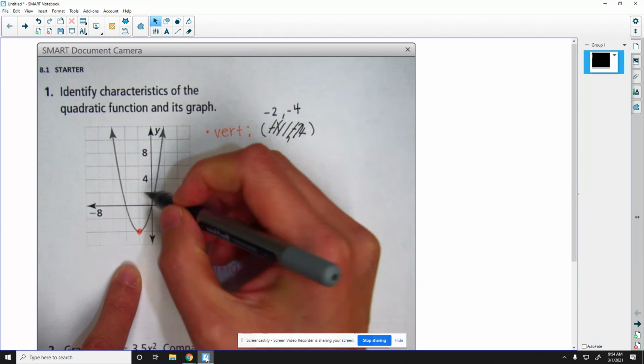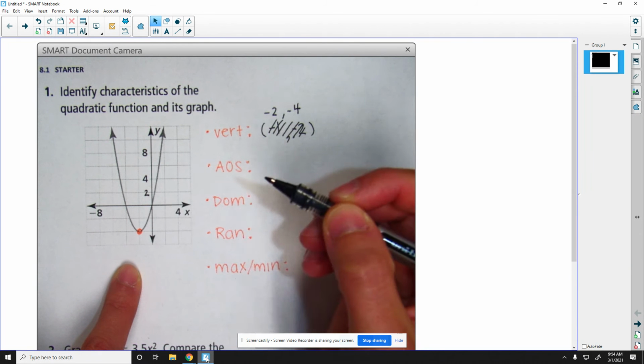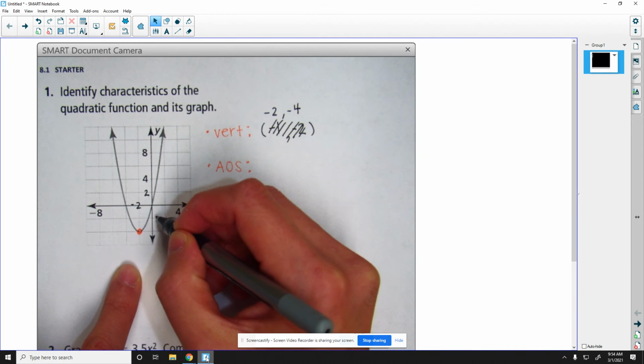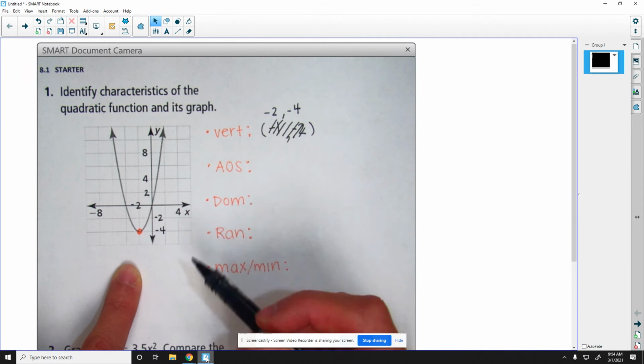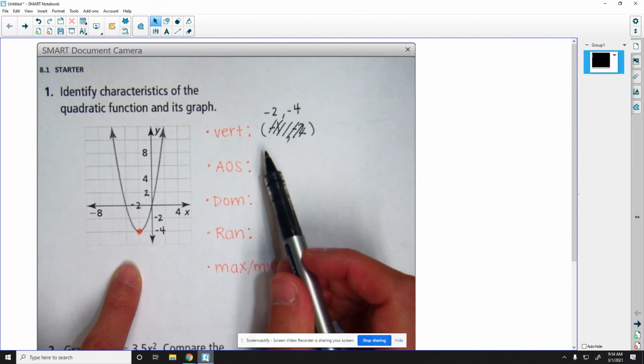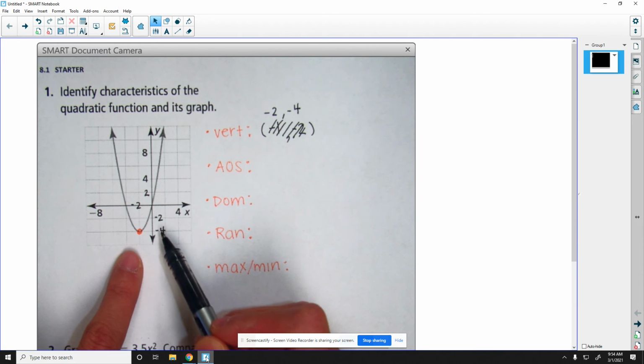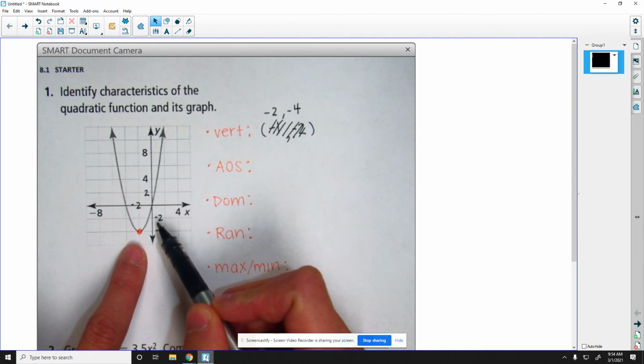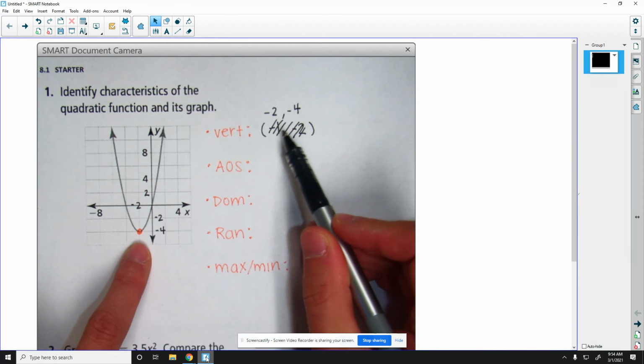Silly rabbit, because look, they're not counting by, hold on, 2, 4, 6, 8, yeah. So bad. Okay, so do you see how they're not counting by 1? So yes, technically it would be -1, -2 if they were counting by 1s, but technically they're counting by 2s. Good eye, good eye. So it's actually -2, -4.